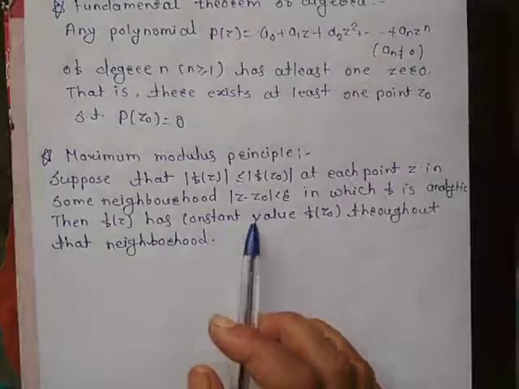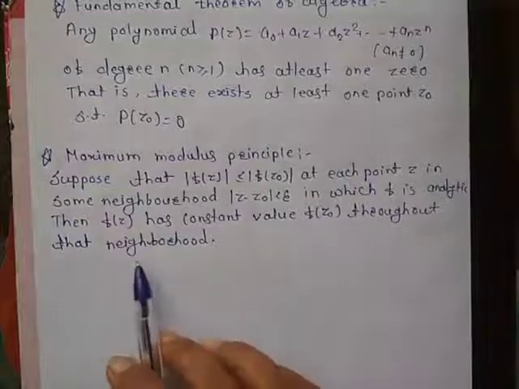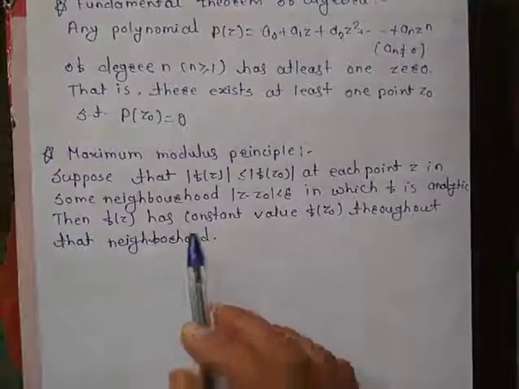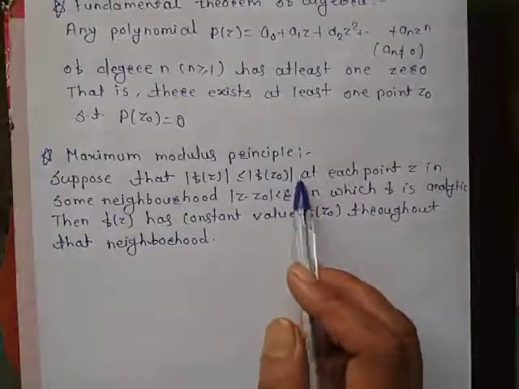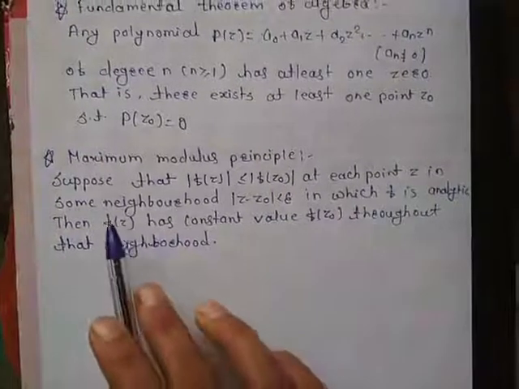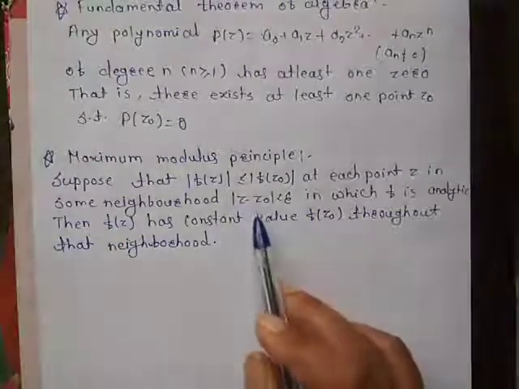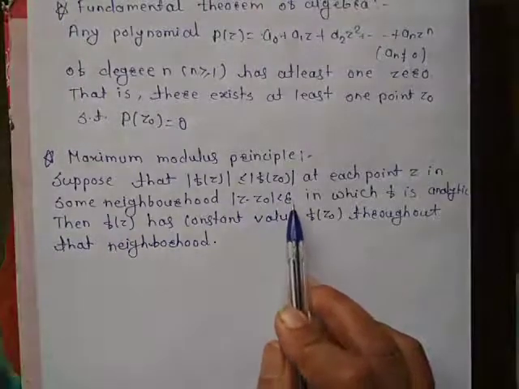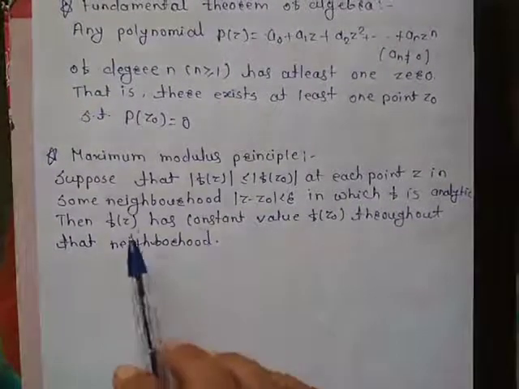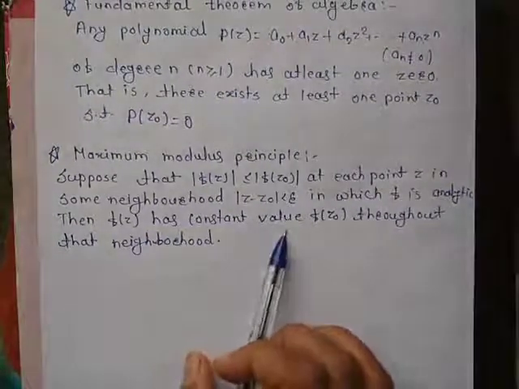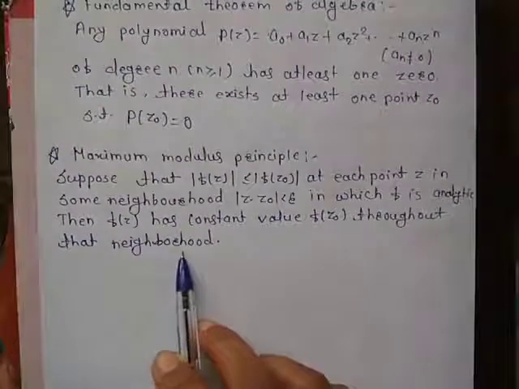Then f of z has a constant value f of z0 throughout that neighborhood.